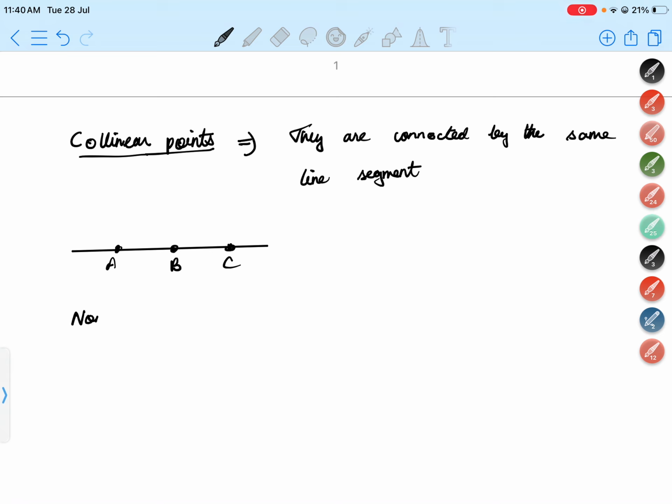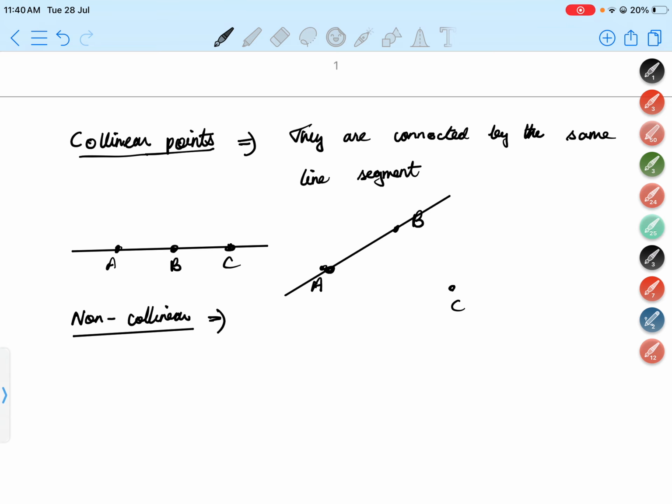Similarly, for non-collinear, we can say that any 3 points A, B and C are such that a single line cannot intersect all of these 3 points. That is, if I draw a single line from around here, I cannot bend this line and come and join the point C as well.